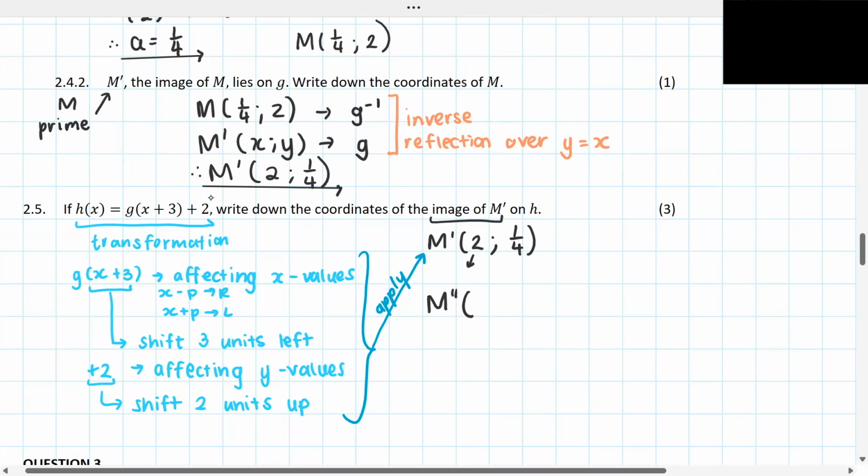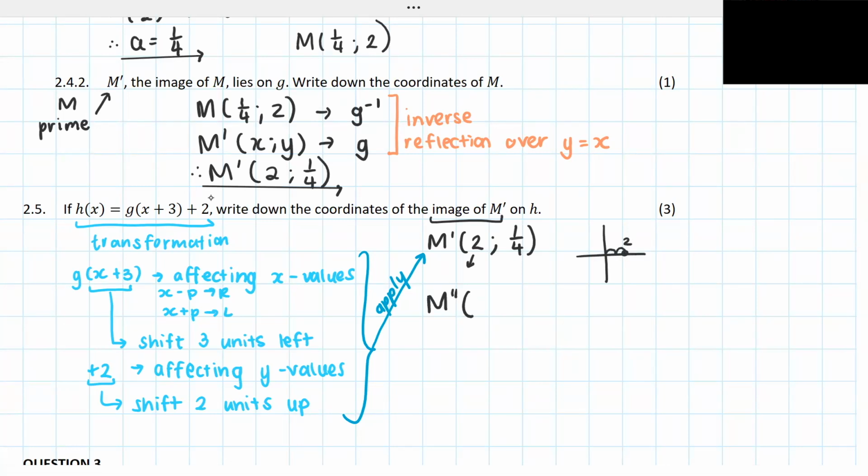Again, if you consider your x-axis, you're sitting currently at 2. You now need to go 3 units left, 1, 2, 3, taking you to -1. You were sitting at 1/4 on your y-axis, and now you want to go 2 units up. So now you're at 2 1/4.